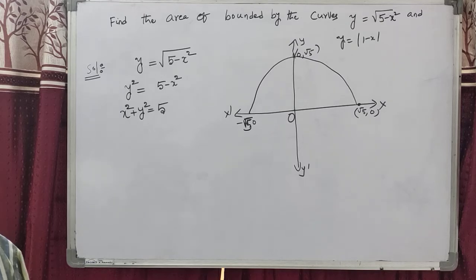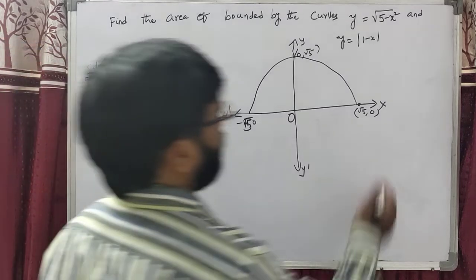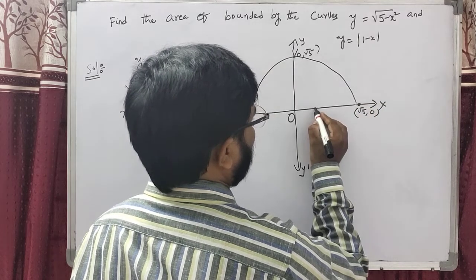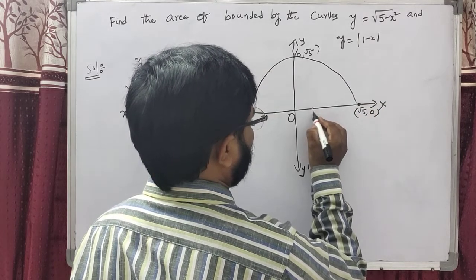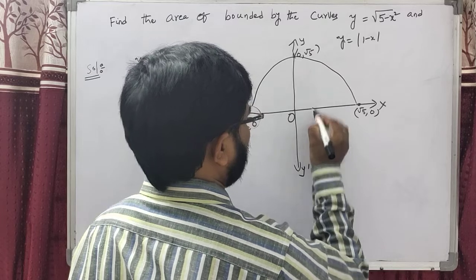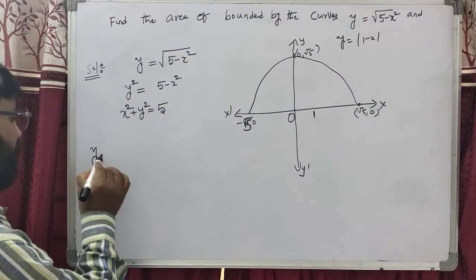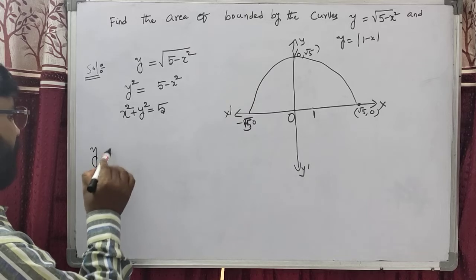Undoubtedly this is root 5, and this must be 1. Now we can write y equal to mod of 1 minus x.